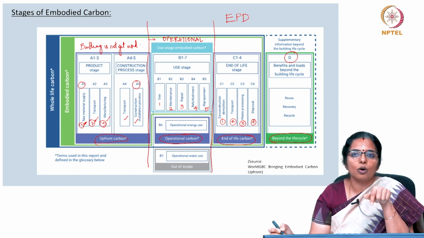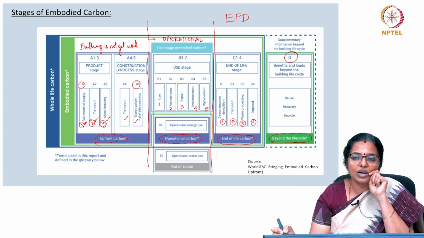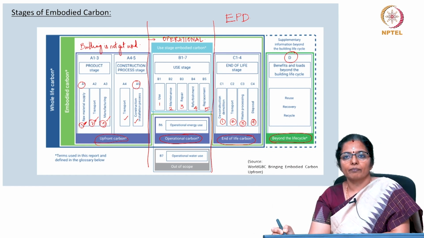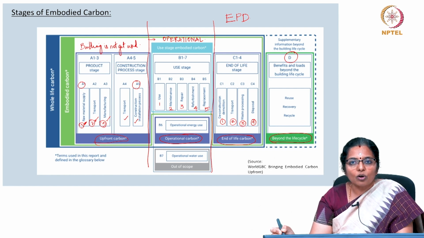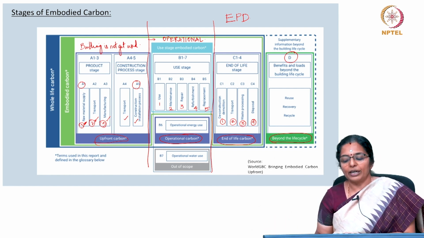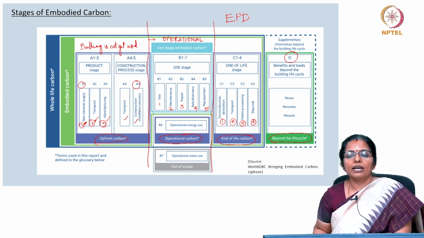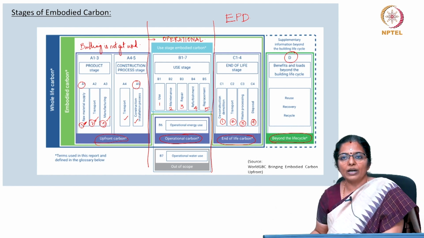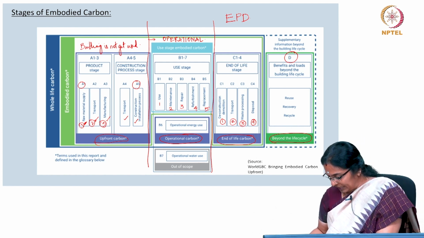It is being done now in the European standards. It's called environmental product declaration. The requirement will also extend to assessment of buildings. So, it becomes important that you talk about this in the EPD. So, you need to understand what is EPD.